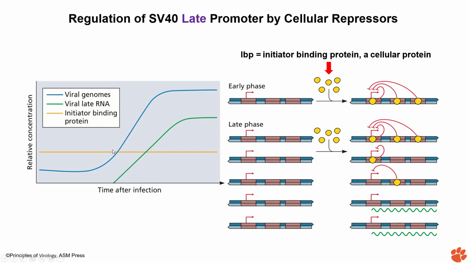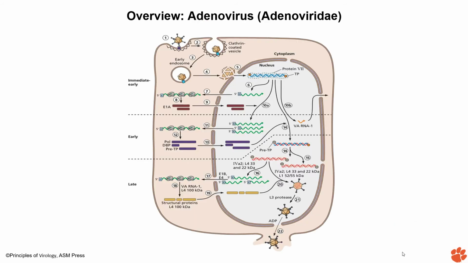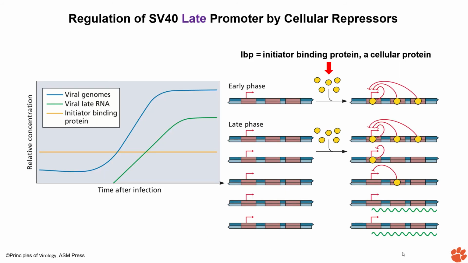Once the LT, or the large T antigen, is expressed, it is enhancing the synthesis of the DNA, as we have seen, so more DNA. As more DNA is produced, there is not much IBP available to cover their regulatory sites. And that's why the RNA is now being made, and your late transcripts for your viral structural proteins are made. And this is basically the transcriptional control for that.